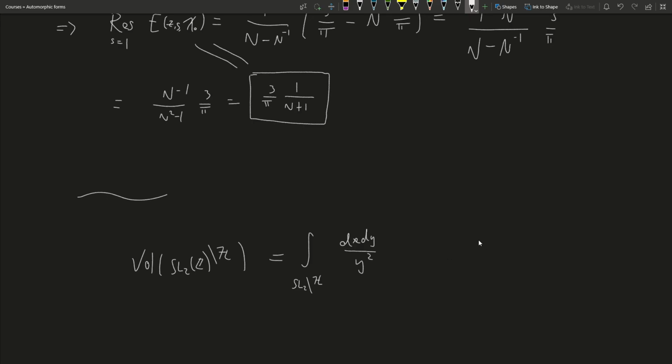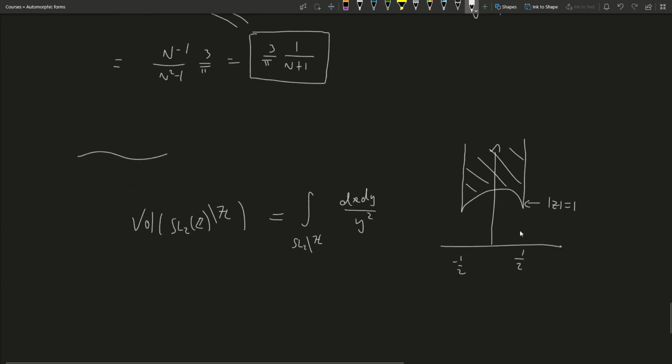So here we're imagining this fundamental domain, so from minus 1/2 to 1/2, and then this is the line, absolute value of z is 1, so this is a semicircle, and this is the fundamental domain.